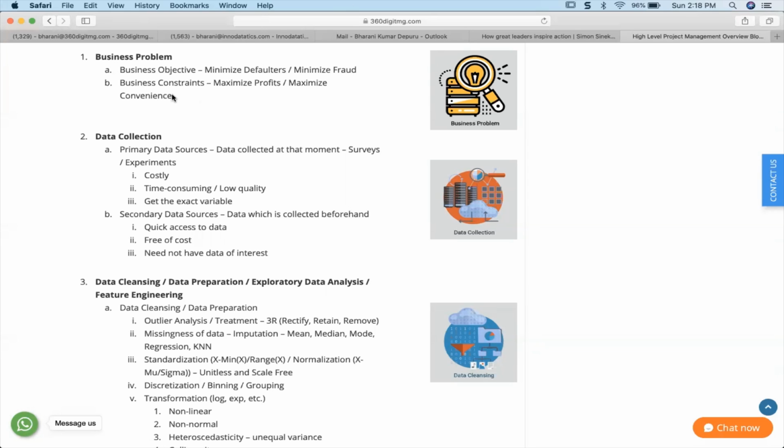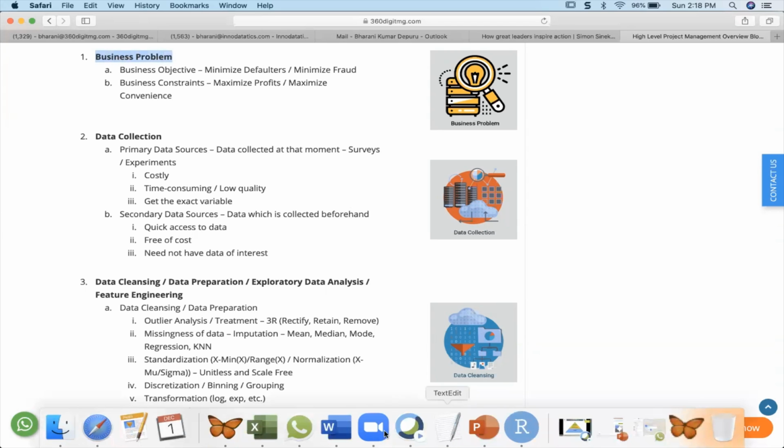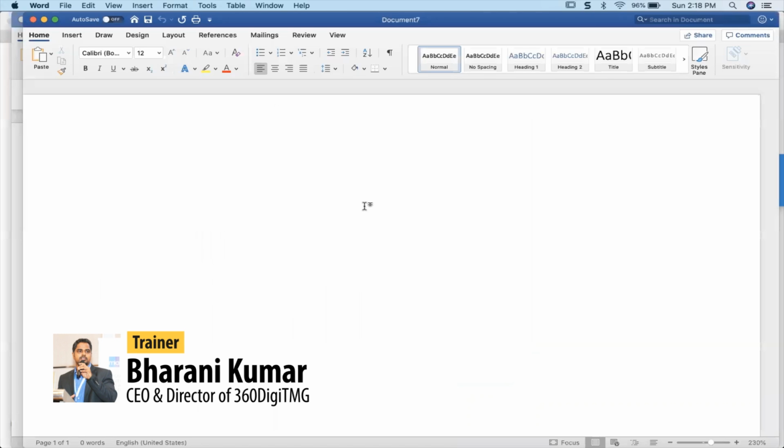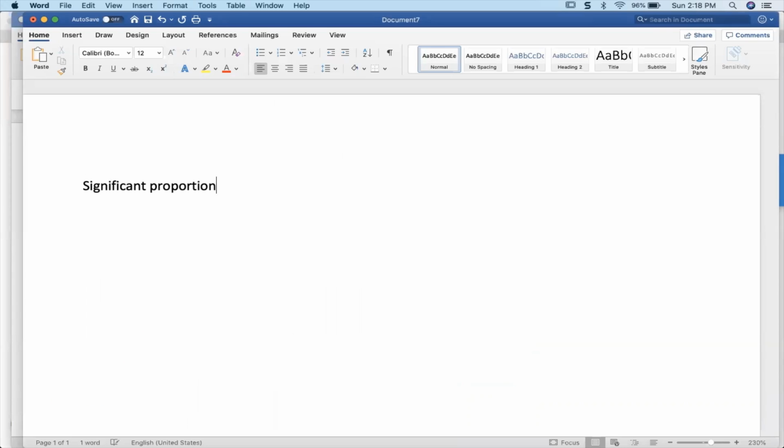The first and foremost step on any data science project is to understand the business problem. Say there is a business problem, and the business problem is as follows. A significant proportion of customers are defaulting on the loan.